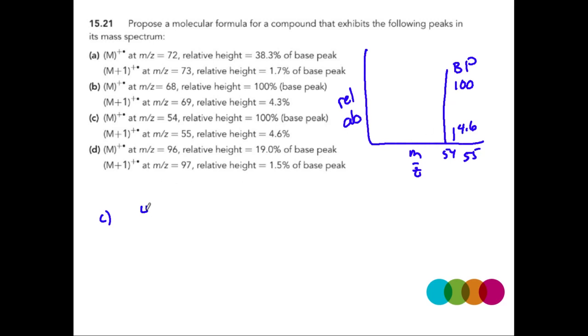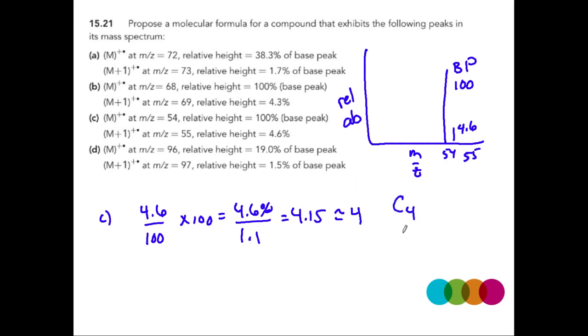So we could just say 4.6 divided by 100, so we don't get confused, times 100 is equal to 4.6%, obviously. And then we divide that by 1.1 to get our number of carbons. And so that's equal to 4.15. So that's equal to about 4 carbons. So our molecular formula is going to be C4 something.